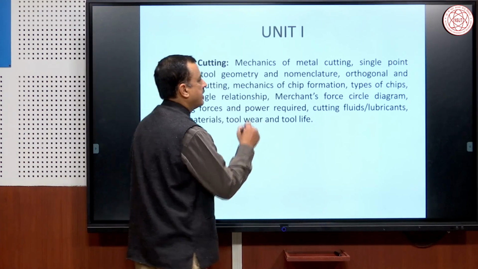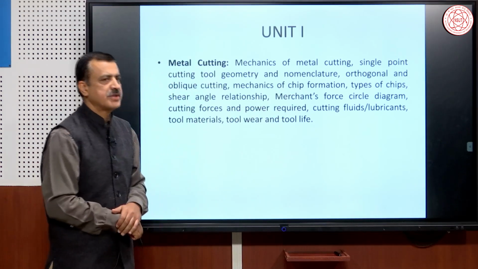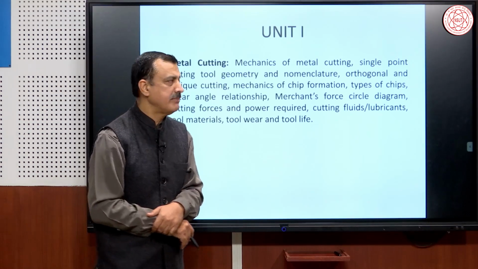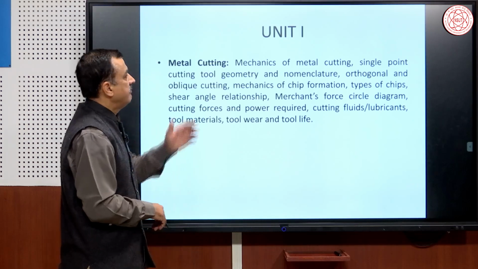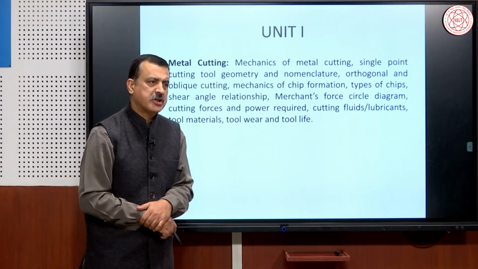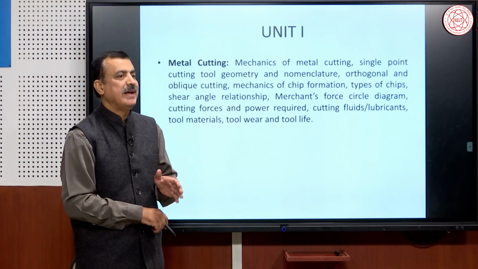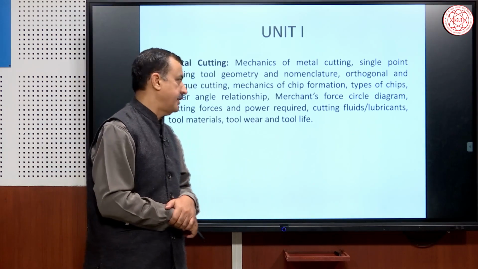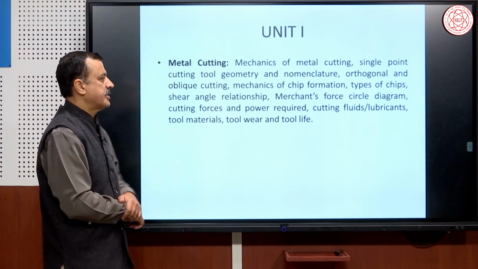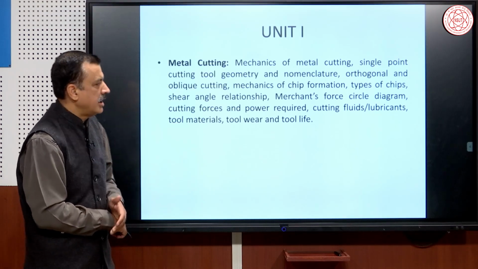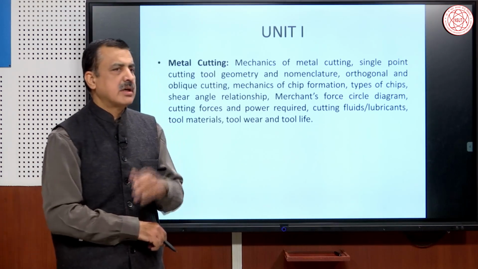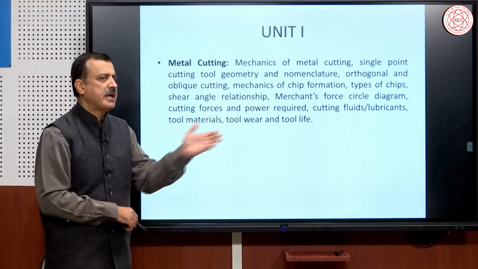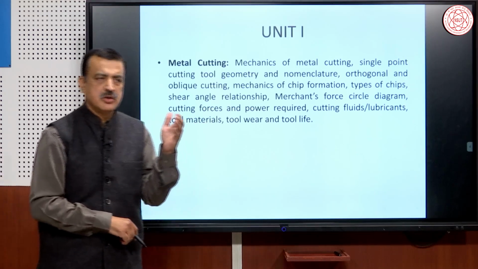For example, the Merchant force circle diagram is used to establish the relationship between the different forces which are at play while we are cutting the metals. Then we will discuss single point cutting tool geometry and the various tool materials which can be used to cut different kinds of materials. Then we might be discussing cutting fluids and lubricants and their effect on cutting efficiency and tool life. We will have a discussion on tool life and the parameters which affect the tool life.